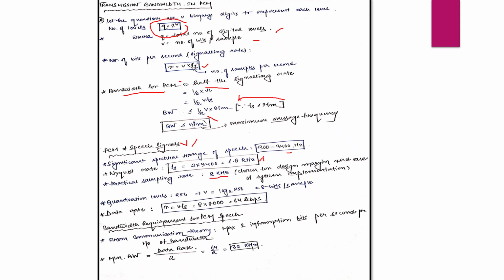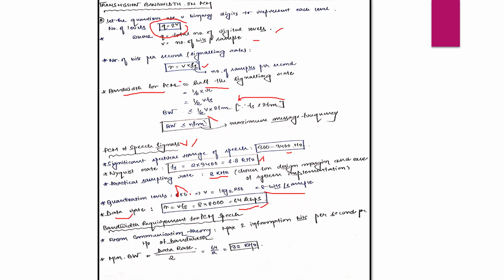And if there are 256 quantization levels, we get the number of bits as 8 bits per sample by using the log to base 2 of L formula. The data rate is R equals v into fs, so we get 8 into 8000, that is 64 kbps.